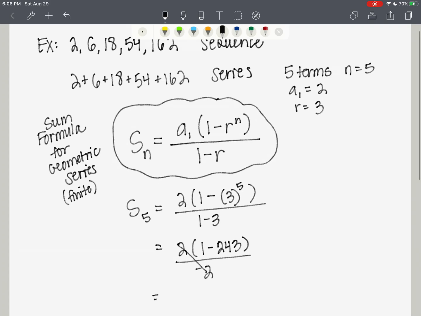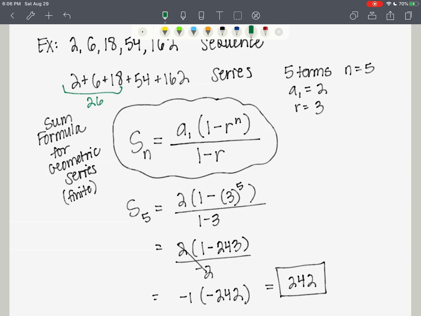Now 2 over negative 2 is negative 1. 1 minus 243 is negative 242. So our sum is 242. Now if you take all of these numbers and add them up, 2 plus 6 is 8, 8 plus 18 is 26, 26 and 54 is 80, 80 plus 162 is 242. And that's what we have right there. So the formula works. It's just about how we can use that formula.